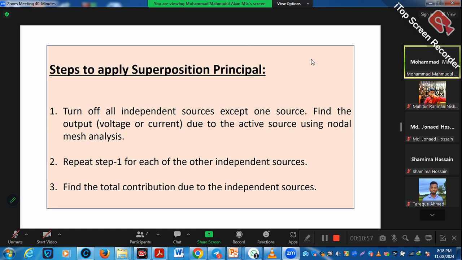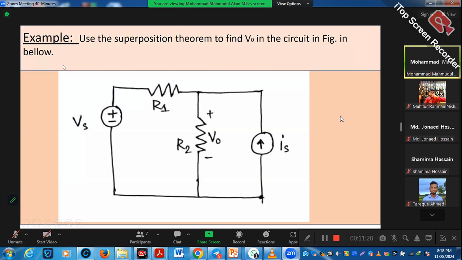And the next question is, if in a circuit there are 5 sources, how many times do we have to apply the sources for getting any voltage or current? In your circuit there are 2 sources, one voltage source and one current source.